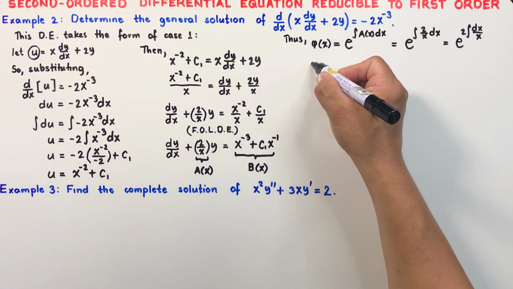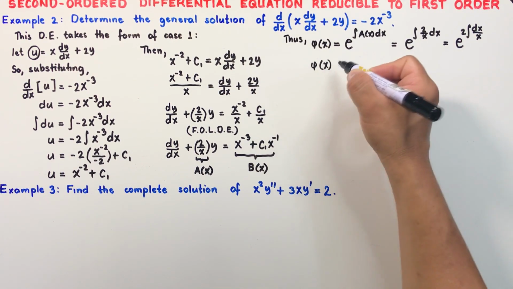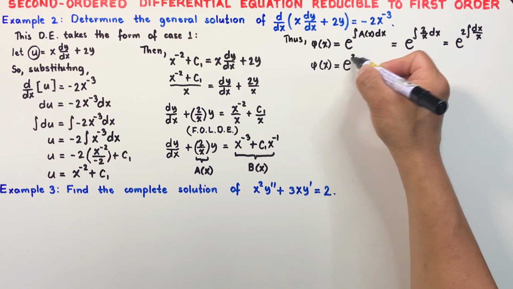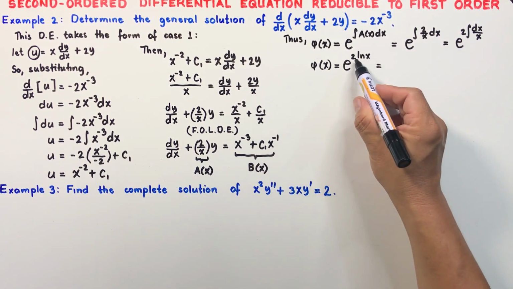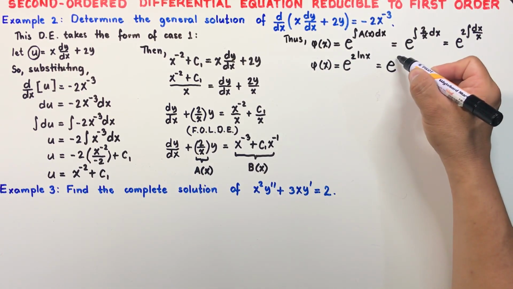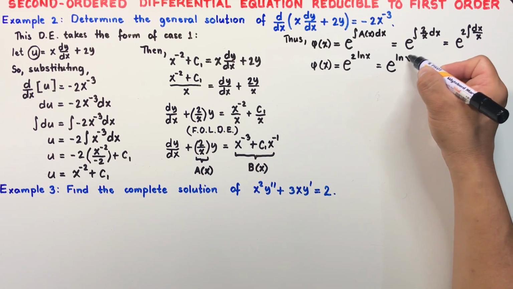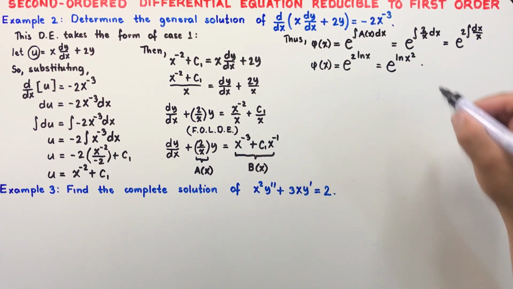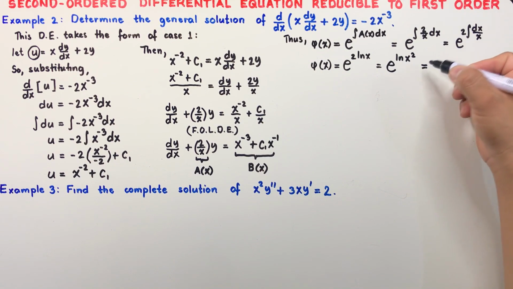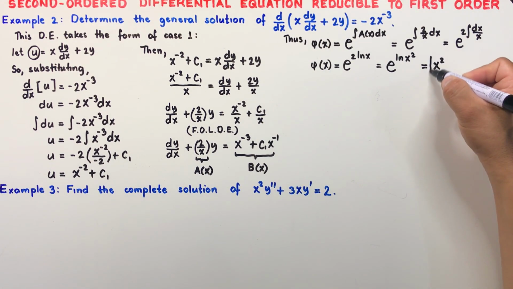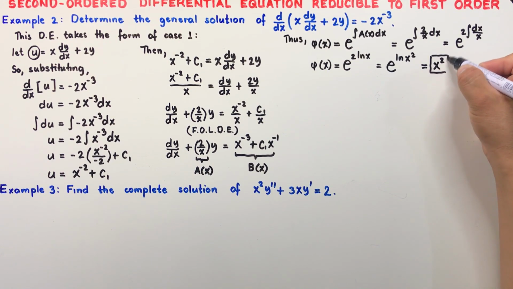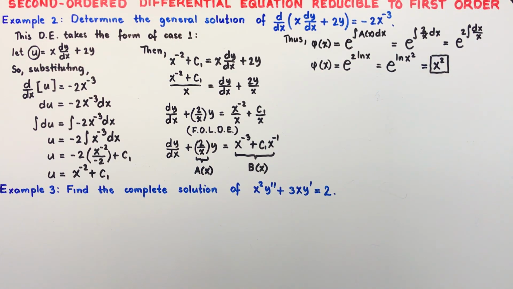And we know that the integral of dx over x is ln x. And using the property of logarithms, these two can be the exponent of x. And we know further that this e and the natural log cancel each other. So therefore, our integrating factor is x squared.